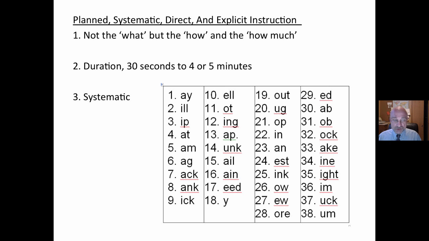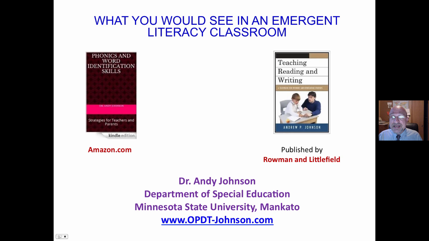Systematic in that you keep a record of when you teach what skills. And I recommend teaching consonants and consonant blends and maybe some letter sounds and starting on phonograms. All right? But you keep track of that. These are some things that you would see in an emergent literacy classroom.